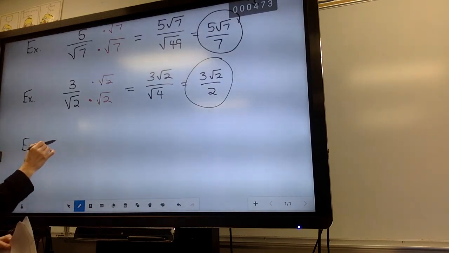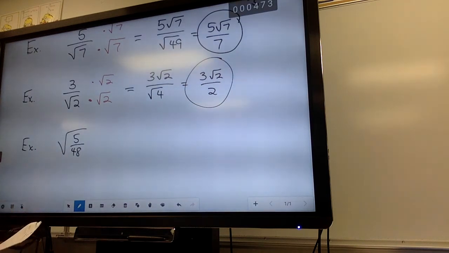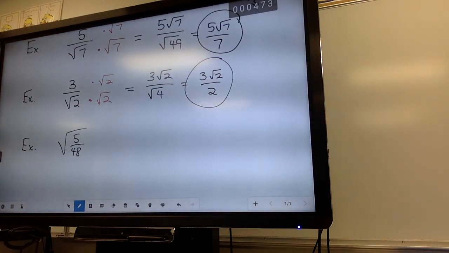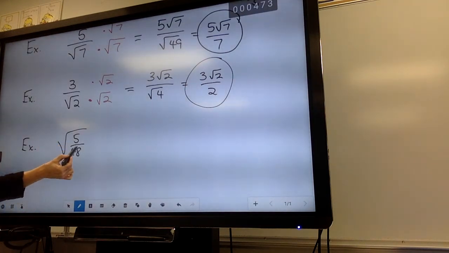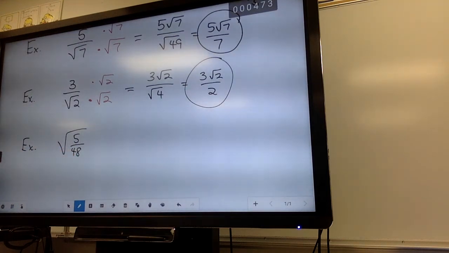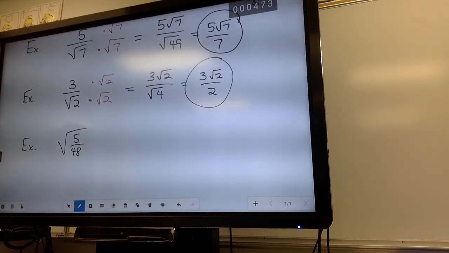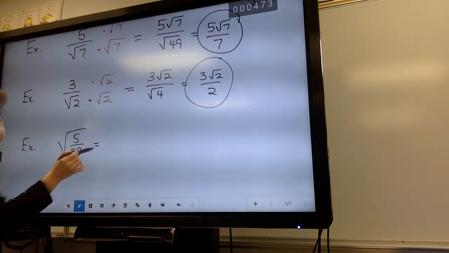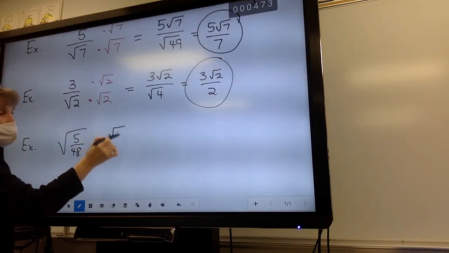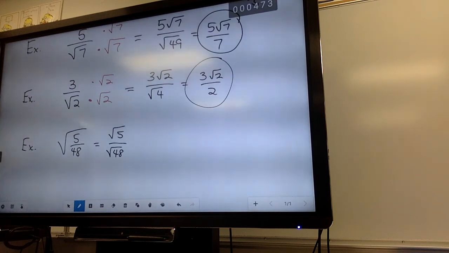Okay, you might have something like the square root of 5 over 48. And again, if this ever divides or reduces, go ahead and reduce it before you do the square root. So it'd be the square root of 5 over the square root of 48.